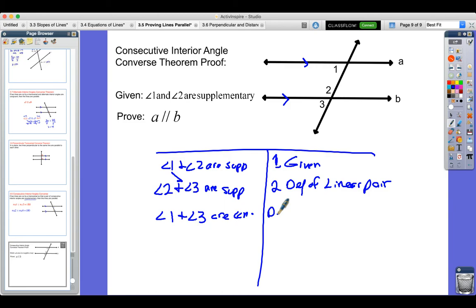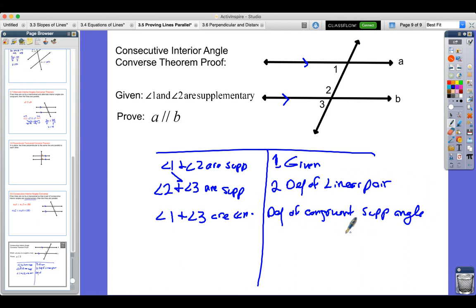That's the definition of supplementary angles. Sorry, the reason is congruent supplementary angles.